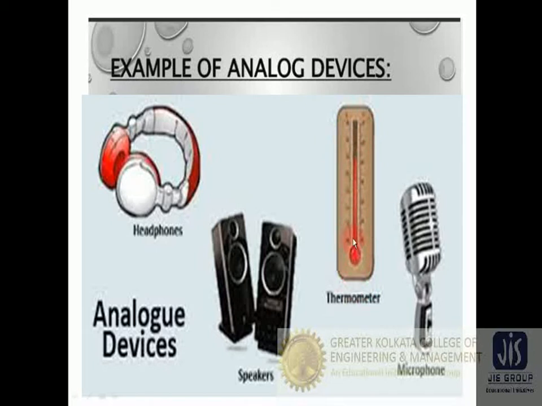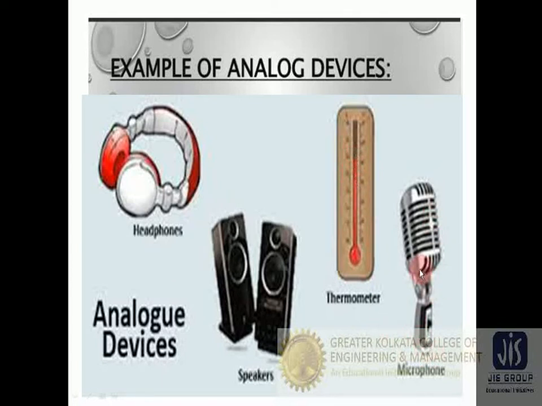The reading of the thermometer continuously increases or decreases depending upon the temperature, and it is analog in nature. That means at each and every moment we can get the value of this thermometer. Then the microphone.